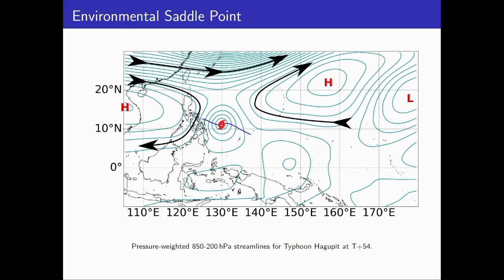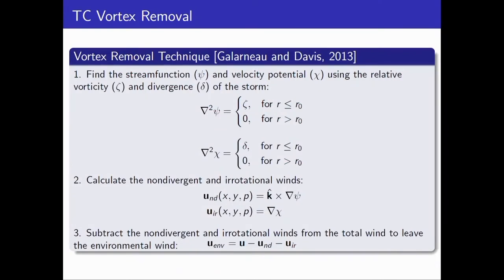So to do that, we wanted to find an environmental wind which describes the motion of the storm well. To do that, we use a technique by Galarneau and Davis, where we try to remove the vortex, that's the tropical cyclone vortex.